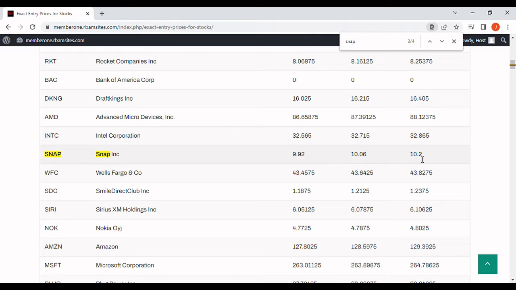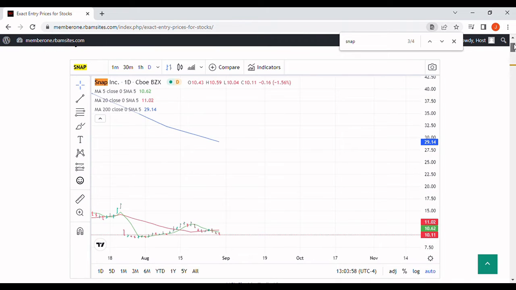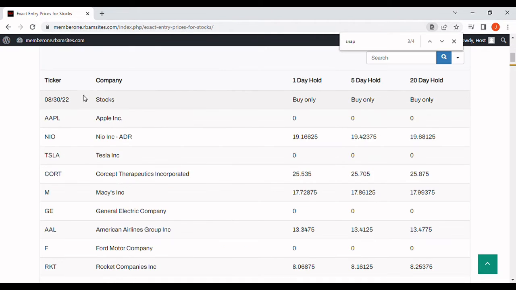So you have a couple cents to go to get into the 5-day hold, and whatever that is, 10, 15, 20 cents to get into the 1-day hold to trade the stock. So we're in the range, but not really down that low to make this stock that exciting to get involved in today. RBM Research puts out these prices before 7 a.m. Those are recent prices that were put out this morning before 7 a.m. You'll notice this is August 30th, and I'm making this on the 30th.